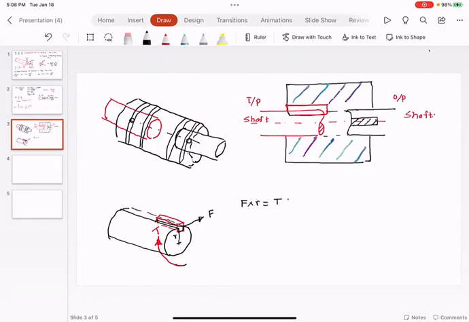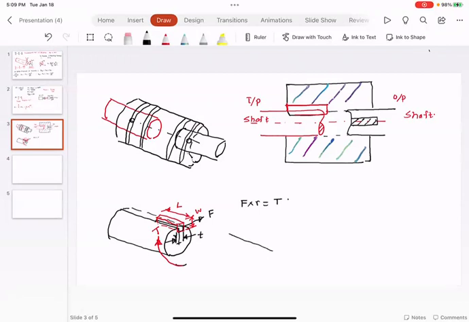Now my question to you is, if you look at the dimensions of the key, this is the length of the key. This is the width of the key. And I'm going to call this the thickness of the key.